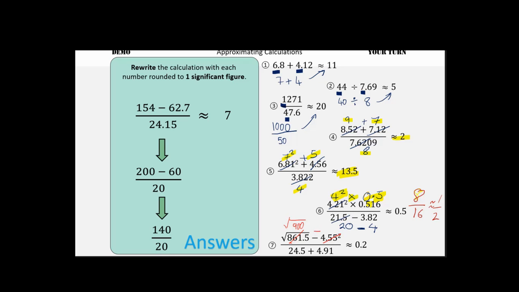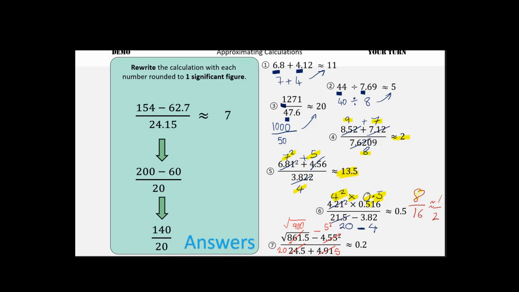We need to round it up, so that becomes 5 squared on the top, and on the bottom here I've got this number 24.5, rounding that to the nearest 10 becomes 20, and this one 4.91, rounded to the nearest unit becomes 5.